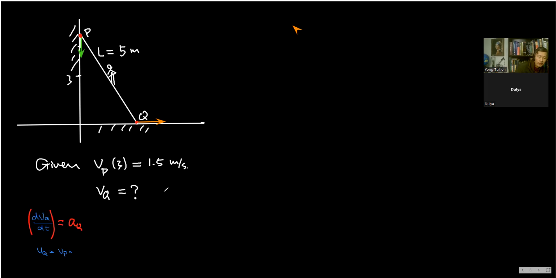Can we find the formula for VQ as a function of time? Do we know this formula? No. So can we find it? This is a typical question, similar to the one we discussed.